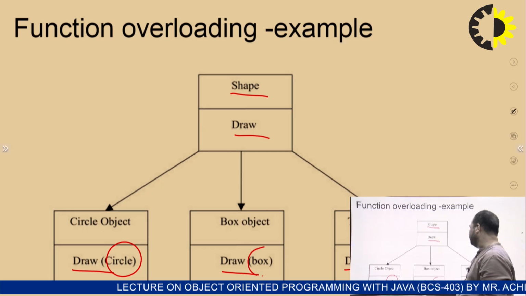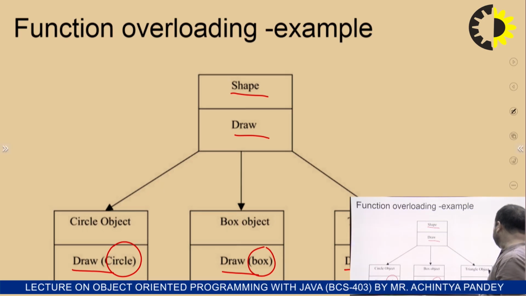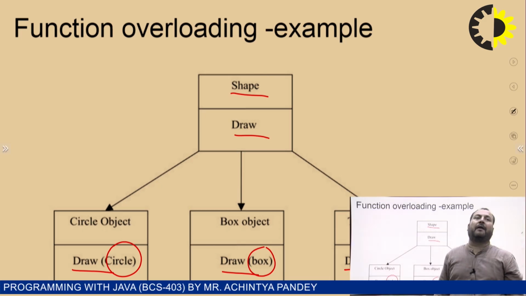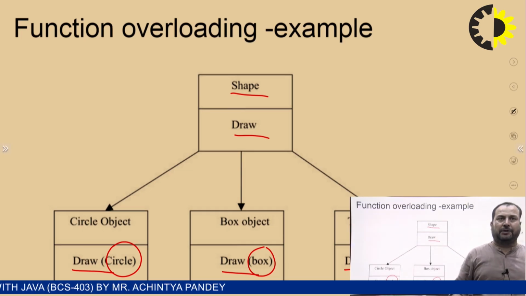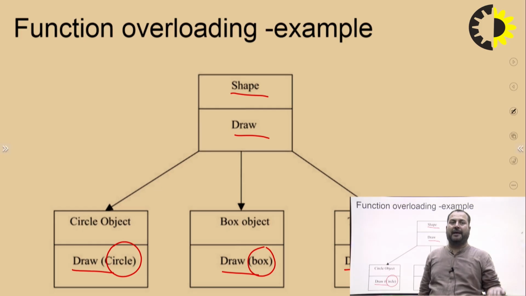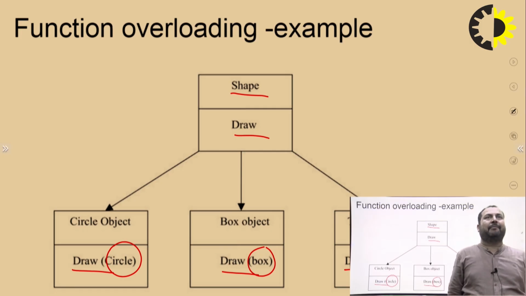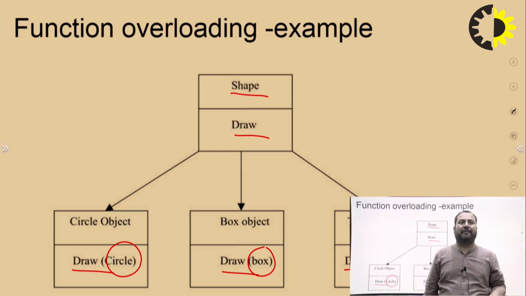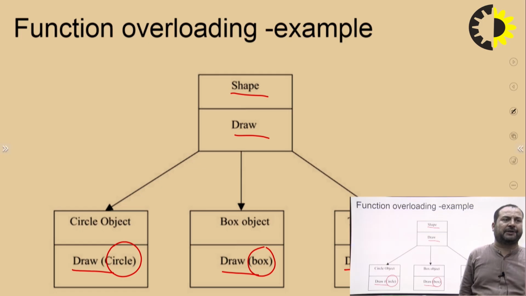If we pass box, it will draw the box, and if we pass triangle, it will draw the triangle. So different shapes can be drawn using the same function. If we change the argument, either by different parameters or by types of parameters, it may exhibit different behavior, different implementations.